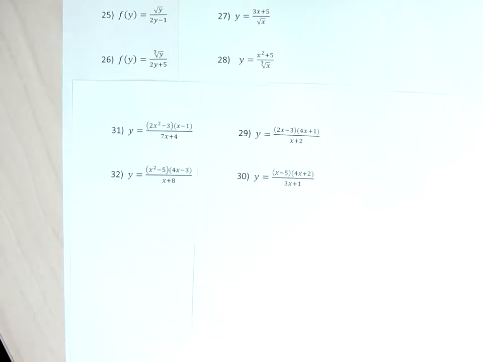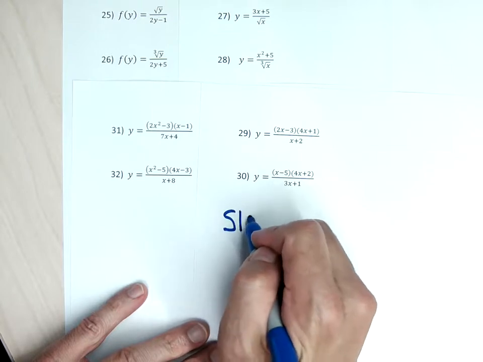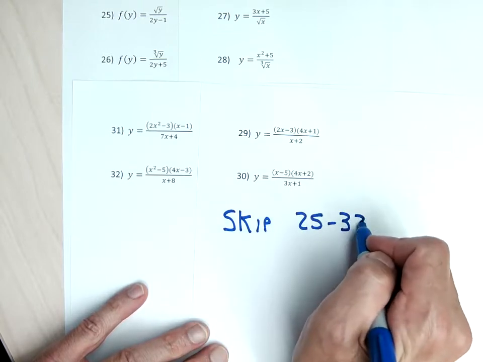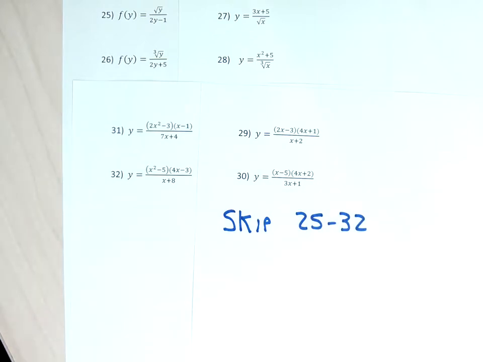In Math 220, the calculus for engineers, maybe these are important to do, but for us, they're just way more complicated than you'll ever get to see. They're not going to come up again in our class in terms of this level of complexity. So for our sanity, let's skip 25 through 32 so that we can move on to the next problems.